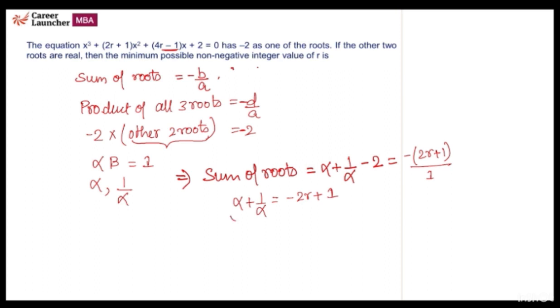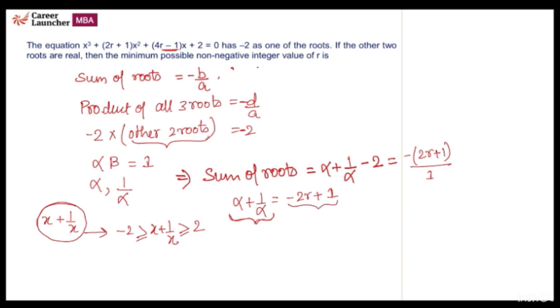Now we have alpha plus 1 by alpha. We know that x plus 1 by x is always either less than or equal to -2 or greater than or equal to 2. So alpha plus 1 by alpha will also be greater than or equal to 2 or less than or equal to -2.